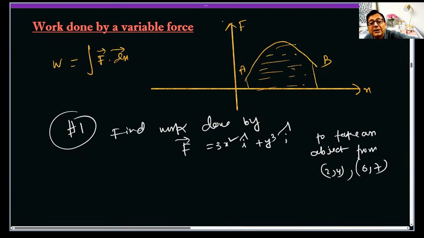We have to find work done by this variable force to take the object in 2D from A to the point B. How do I account for this?